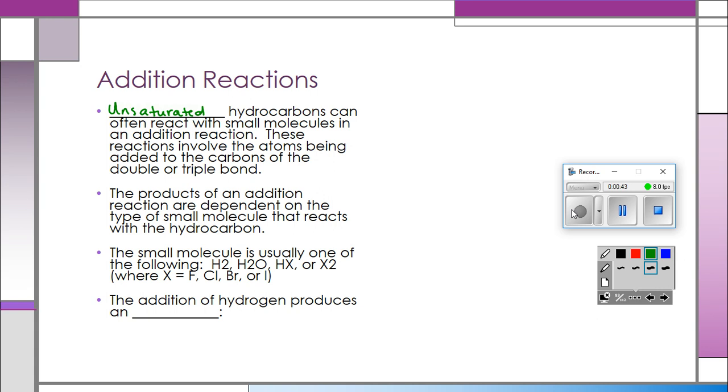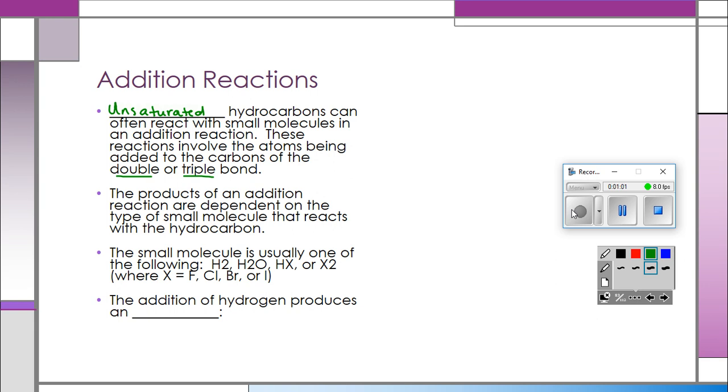It has to be unsaturated because we need that double bond or the triple bond for the reaction to work. What's realistically happening is that wherever the carbons that are part of the double or triple bond are, that's where we're going to add this small molecule.